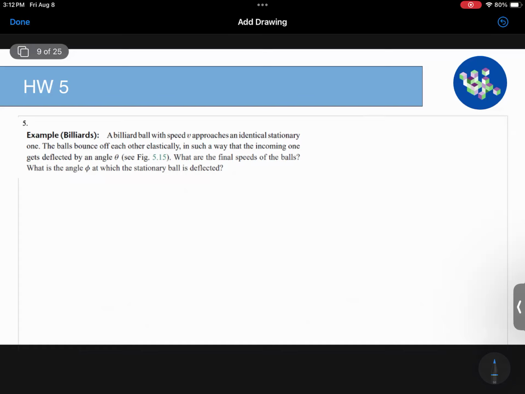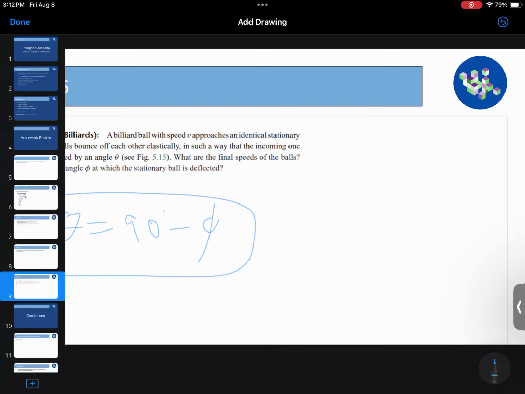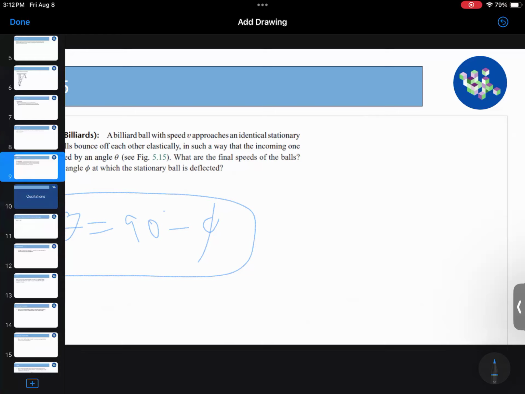And you'll get a very nice result, which will be theta equals 90 degrees minus phi. This is a well-known result, and you'll find it after you solve the problem. So again, if you want to solve this problem, just do energy and momentum conservation, and you should be good. All right. We didn't spend too much time on the homework, which is good.